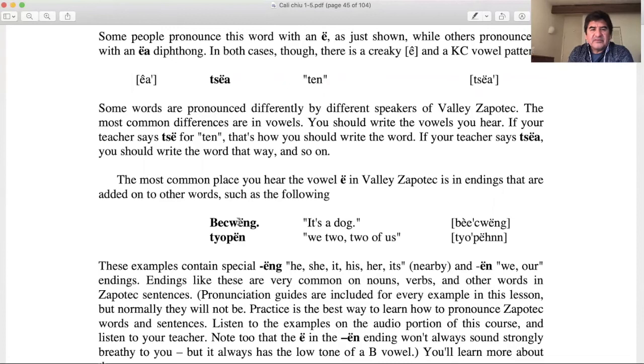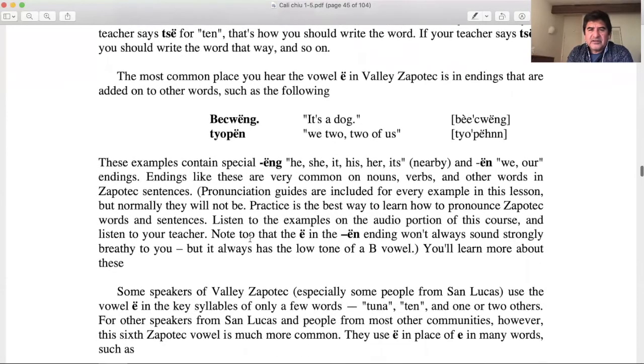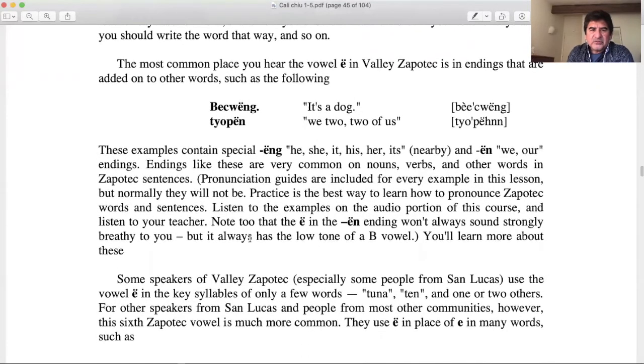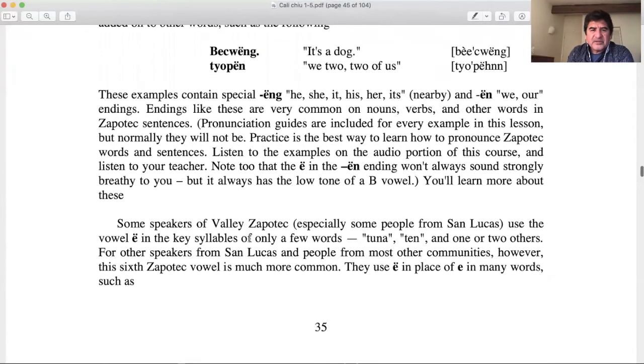But if we say it is a dog, and then we add this little ending to it, we say bakung or tiopeng, right? So don't worry about this. What this means is right now we're just concentrating on the vowels and how the E with two dots is used, and mostly it's an ending word most of the time.